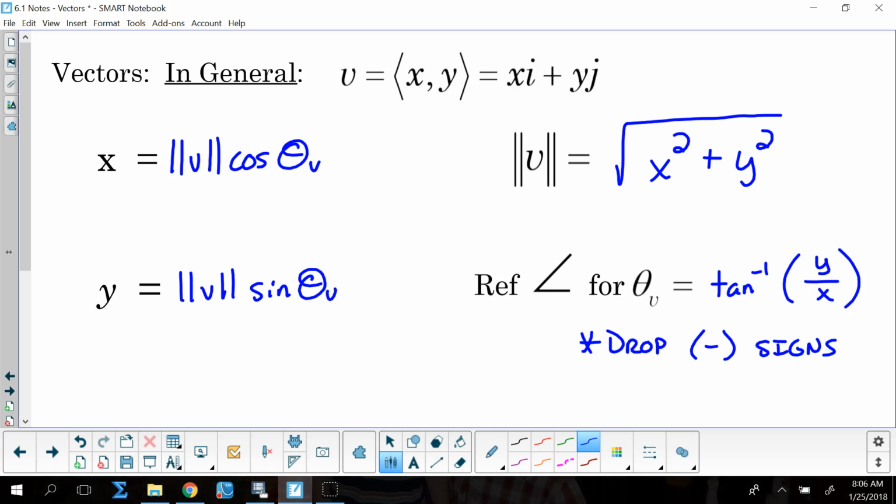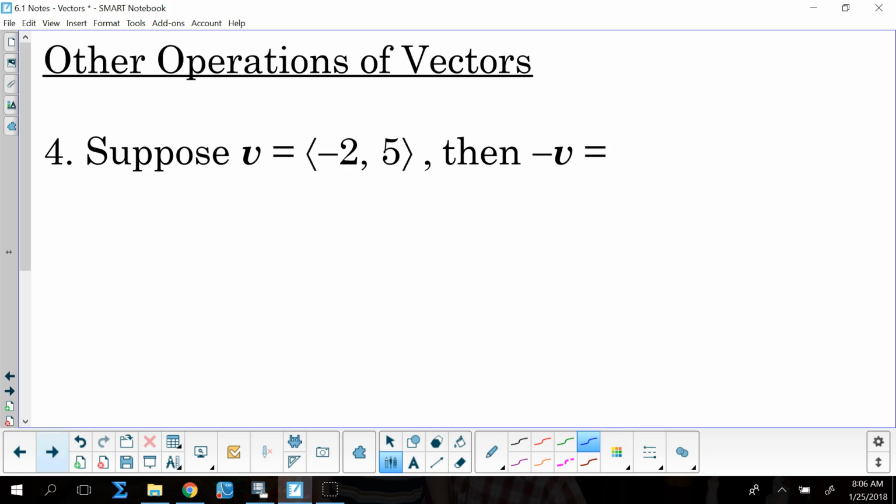So let's continue down the pathway of other operations that we can do with vectors. Suppose that vector v in component form is negative 2, 5.